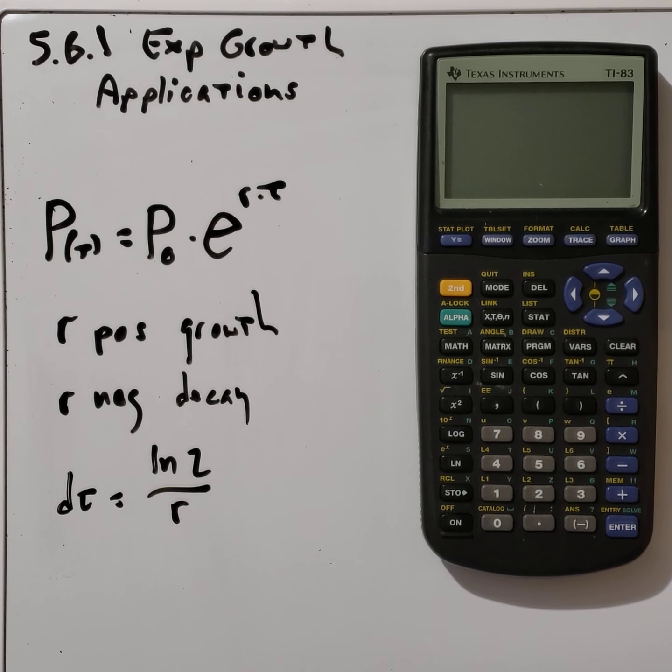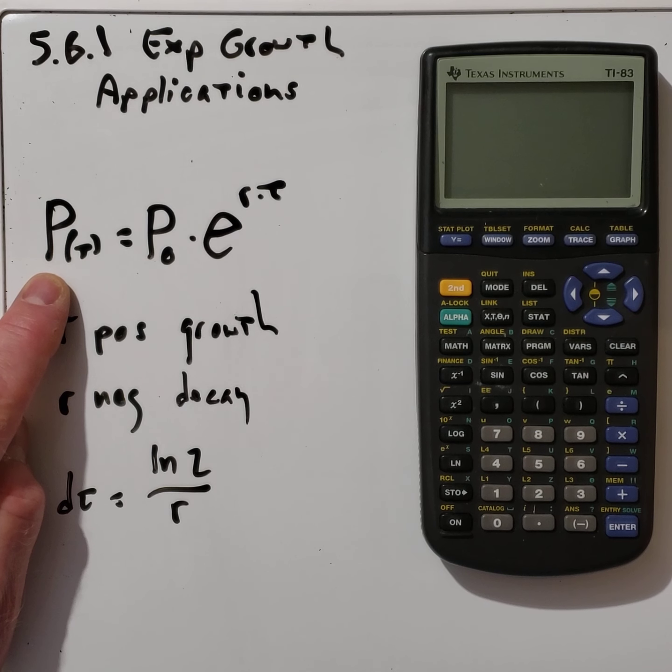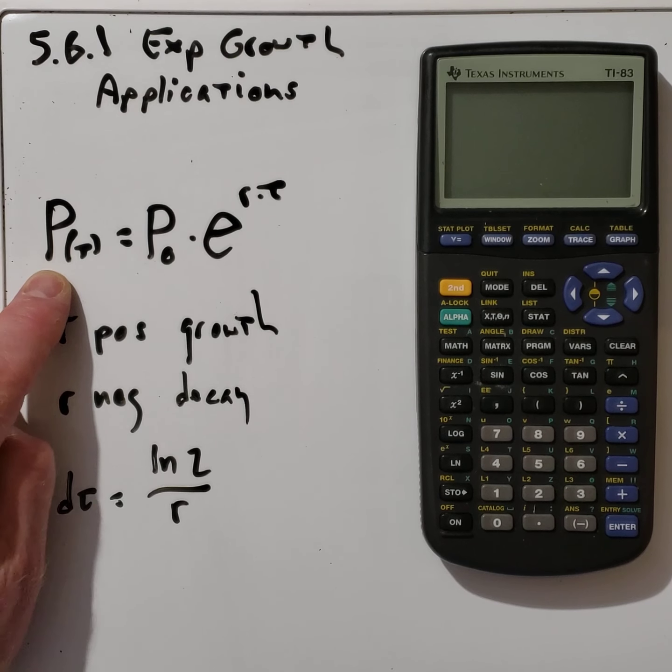I want to take a look at the equation first. The equation for straightforward exponential growth or decay is this one here. The population, or whatever thing it is we're looking at, they tend to use P for this, but it could be temperature, it could be population, it could be number of infected, it could be all kinds of things.